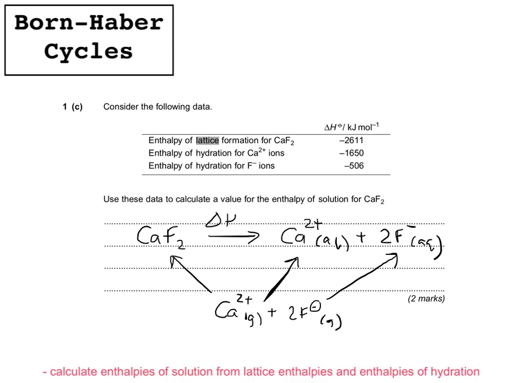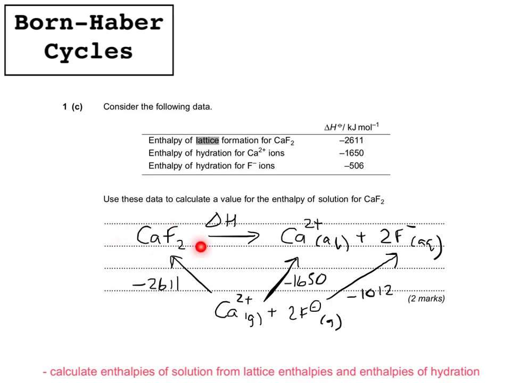So this is the delta H we're trying to work out. This arrow, the first arrow, you can write on there the lattice formation. That's -2611. On this arrow, that's the hydration for Ca2+, so that's -1650. And this arrow is 2 times the hydration for F- ions. That's -506 times 2, so that's -1012.